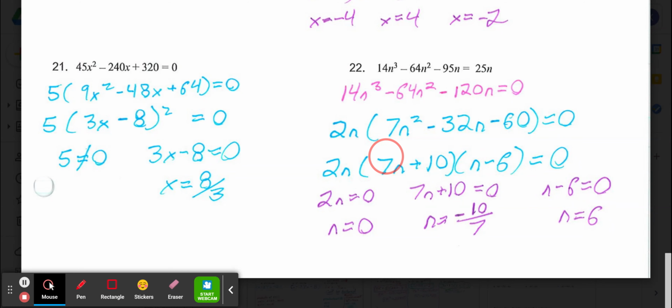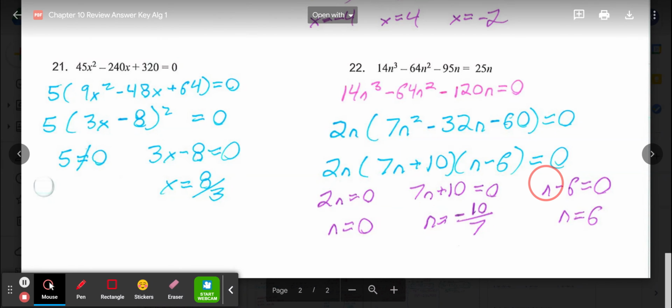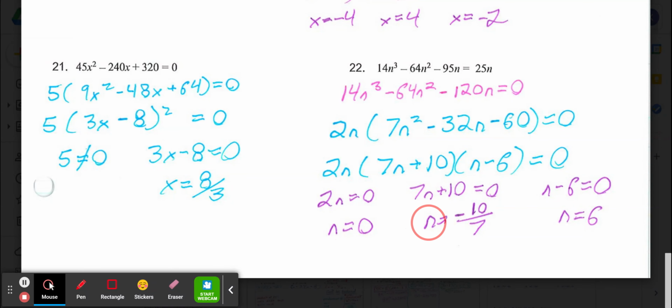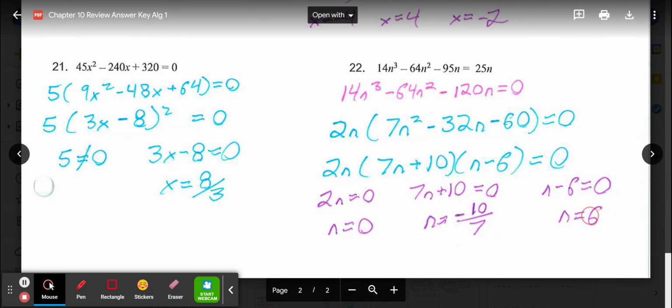So then we take each part, set it equal to 0, so 2n equals 0, 7n plus 10 equals 0, n minus 6 equals 0. Solve for n, and we have n equals 0, n equals negative 10/7, and n equals 6.